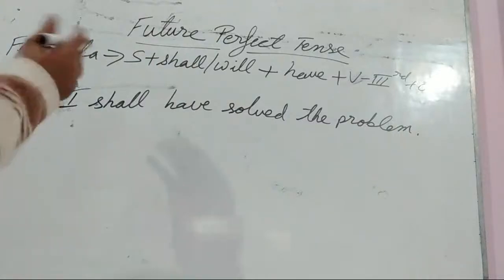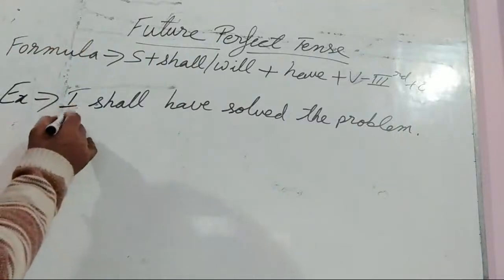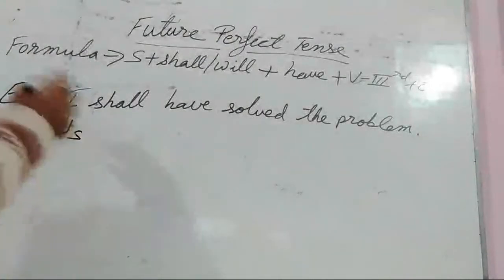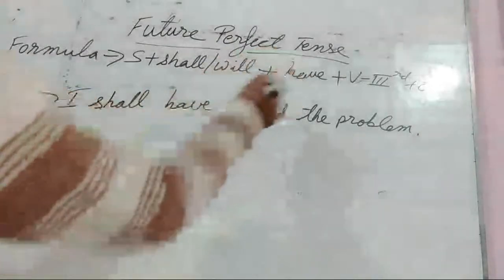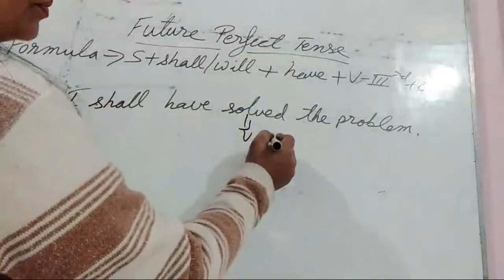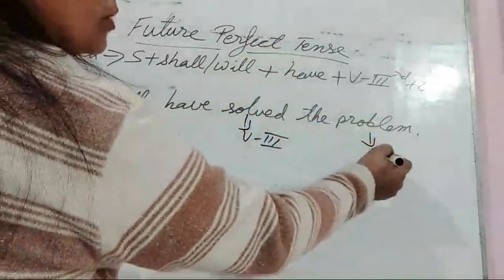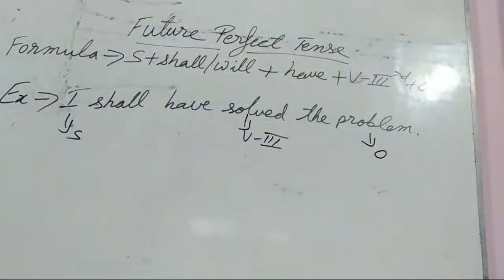According to the formula, I is the subject, shall is used with I, have, solved is the verb of third form, and problem is your object. So the formula is subject plus shall or will plus have plus verb of third form plus object, and the example is I shall have solved the problem. So this is the formula as well as the example of the future perfect tense.